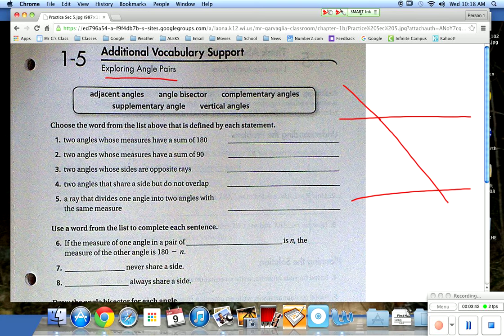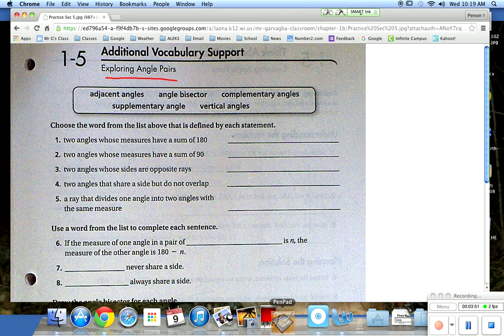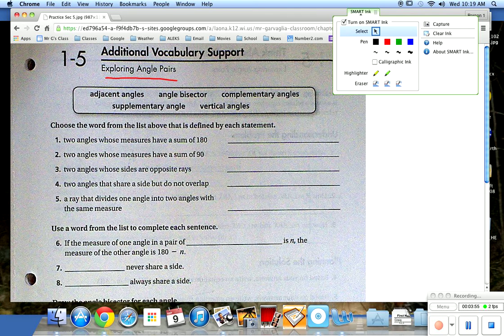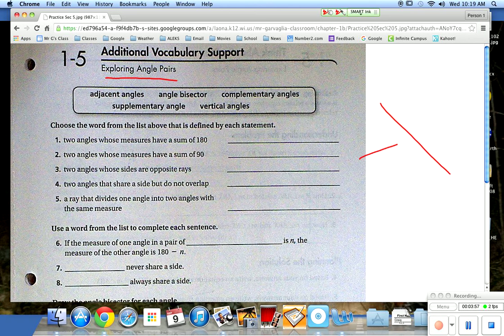Let's do it this way. Vertical angles. They're vertically across from each other. This angle is a vertical angle of that one. These angles are vertical angles, and these angles are vertical angles to each other.